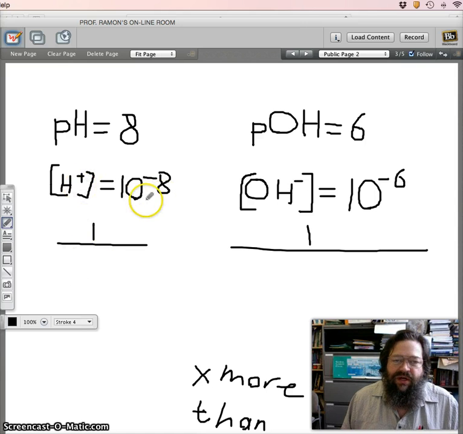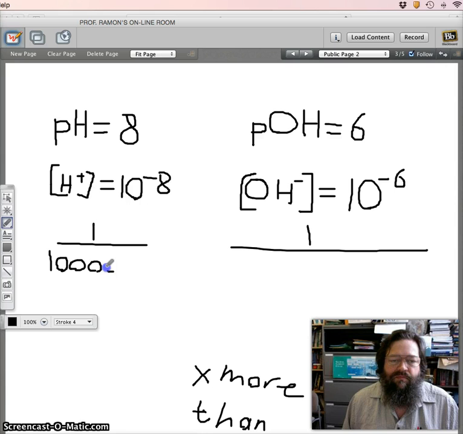So that means our concentration of hydrogen ions is going to be a 1 followed by 8 zeros. Which is 1 part per 100 million.